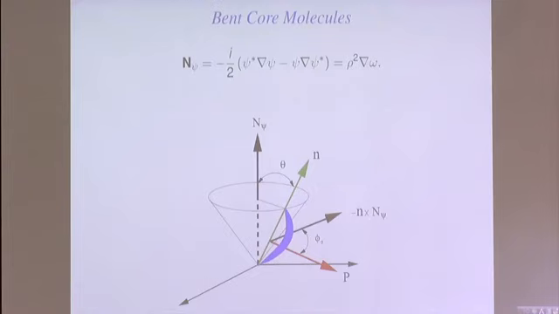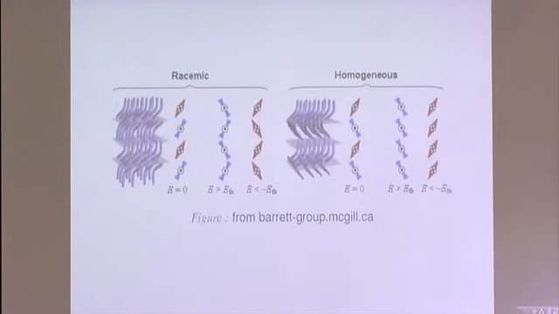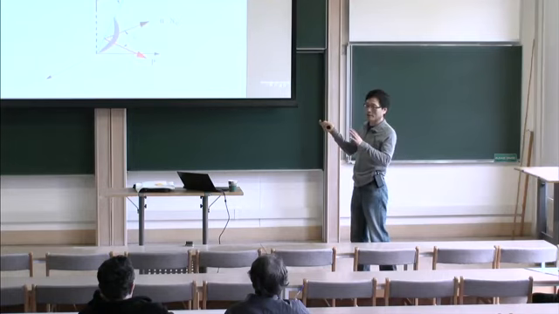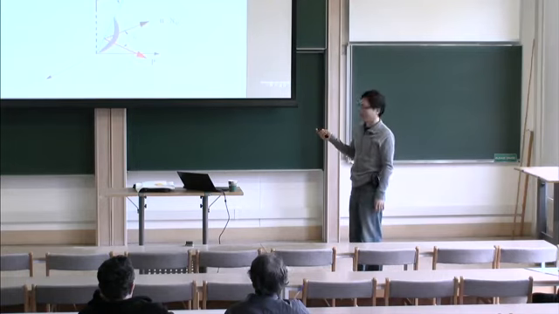So in smectic C star cases, they are parallel, but in general they are not parallel. So in order to model these bent-core molecules, we need to consider these situations. And then we are going to put in the energy something that relates P and n psi, and you can see a little bit complicated form later.